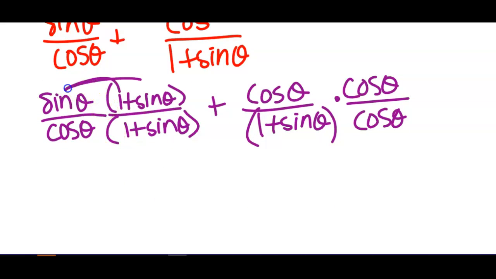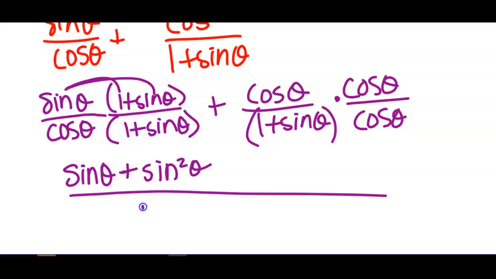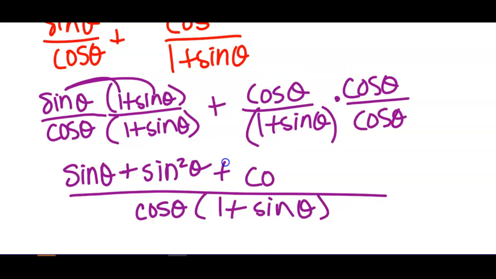And distributing up here gives me a sine theta plus a sine squared of theta. Remember, we now have a common denominator that has both a cosine and a 1 plus sine. Over here, we'll multiply these two together and we get a plus cosine squared.